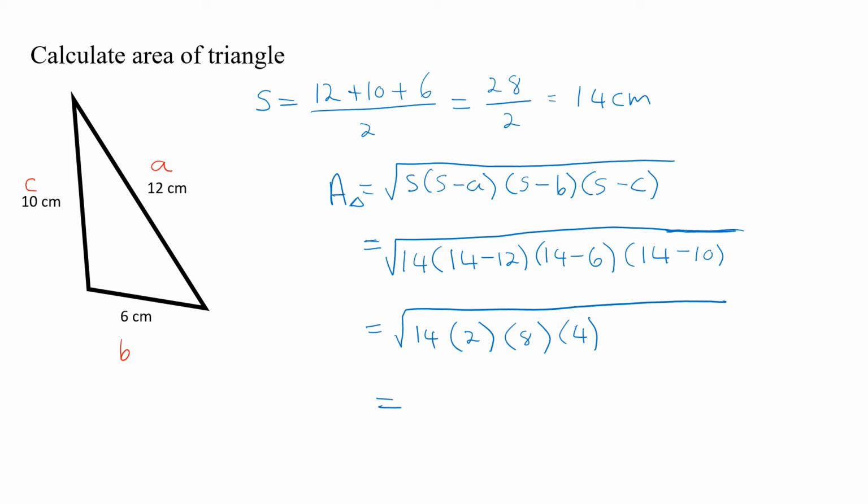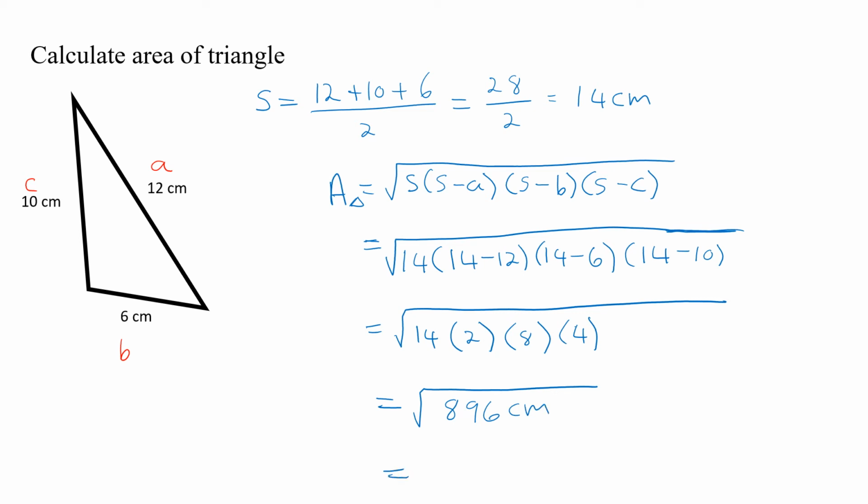It seems that we'll get a big number here, one that I feel lazy to work out mentally, so let me use my calculator. So 14 times 2 times 8 times 4, that gives me 896. And again, I'll throw in my centimeter units here.